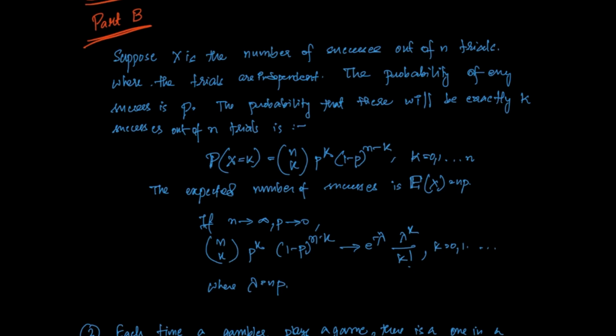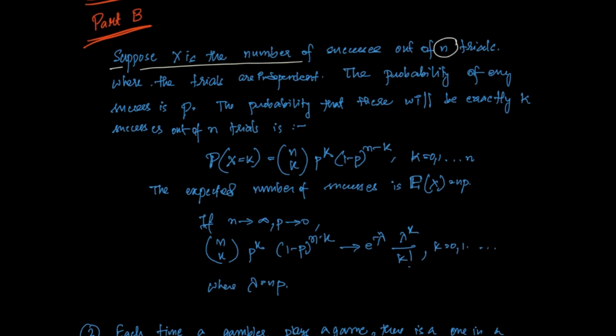Suppose X is the number of successes out of n trials. Say we have n many trials of something going on. What is a trial? A trial is basically doing anything that can have a result.